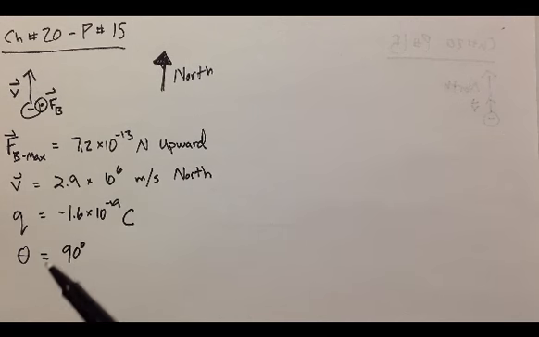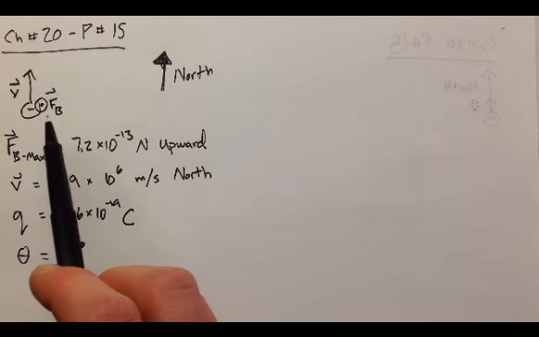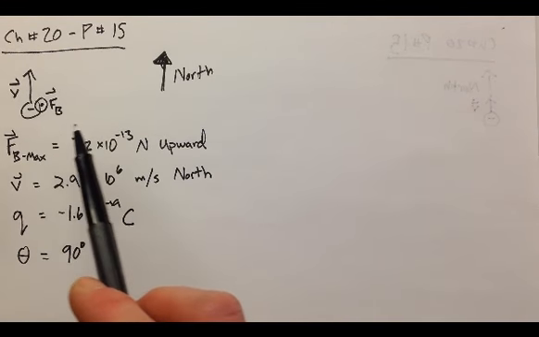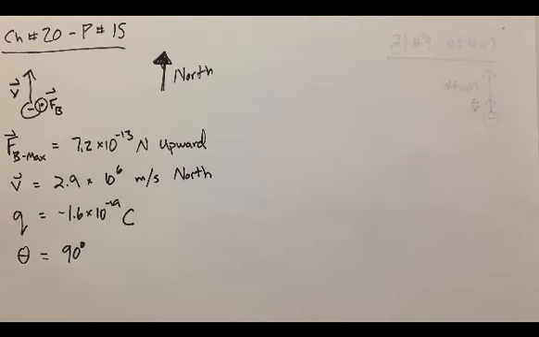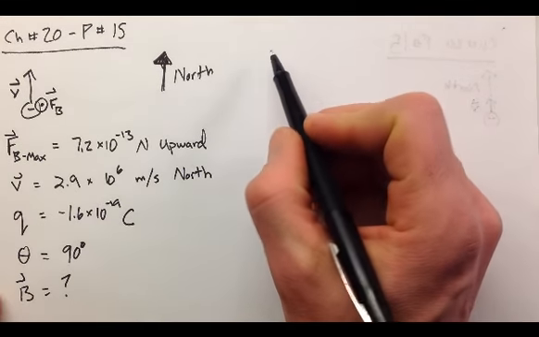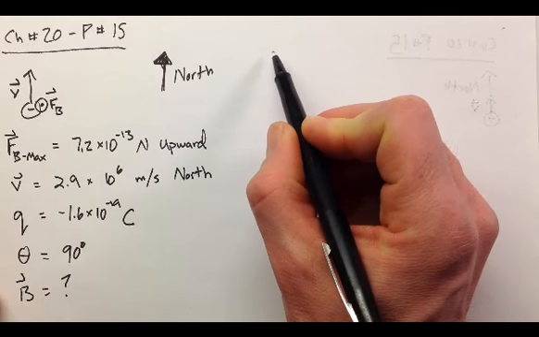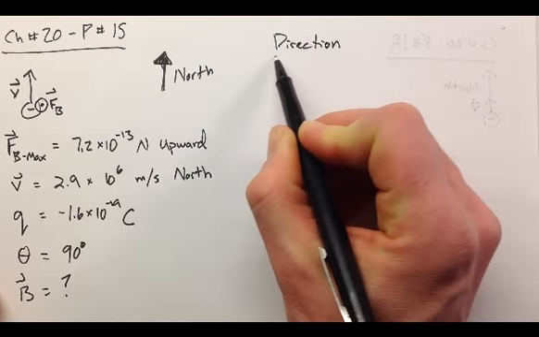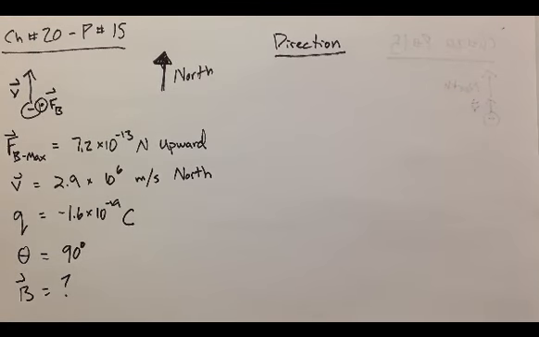The force, the direction of movement, and the magnetic field are all mutually perpendicular. The question is, how big is the magnetic field in this region of space, and what direction does it point? Let's do the direction first.